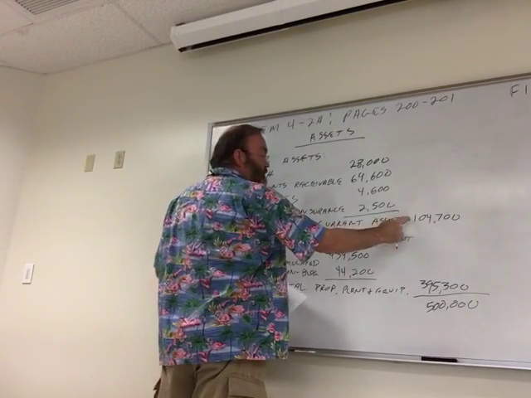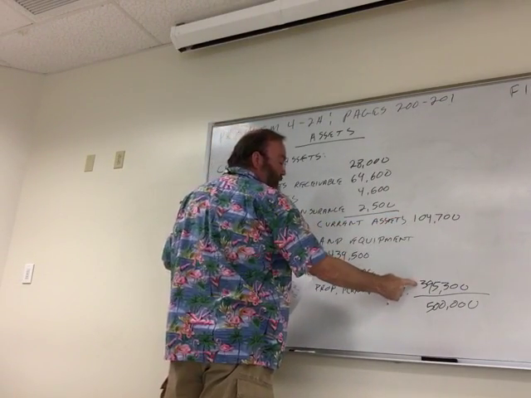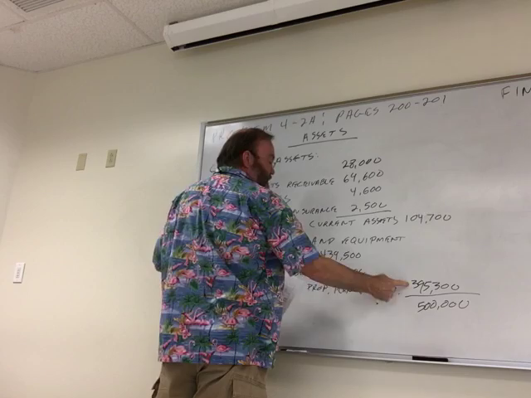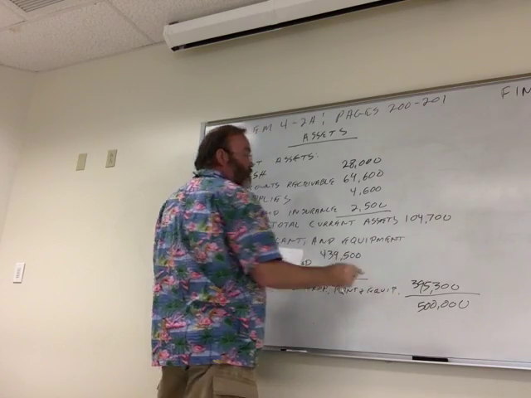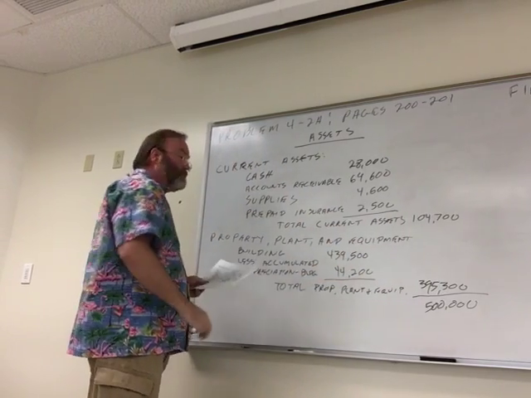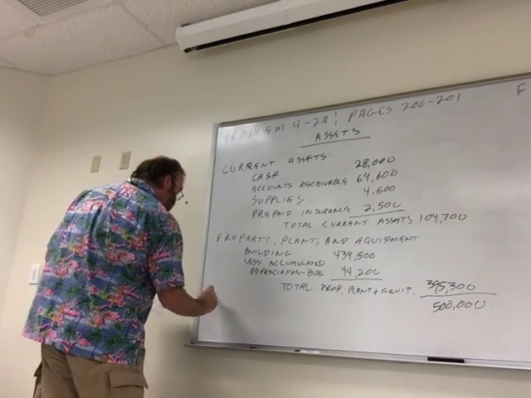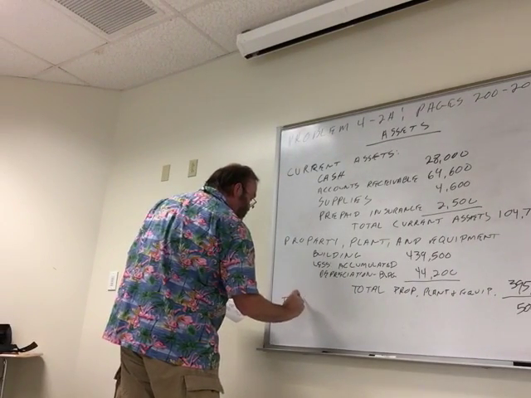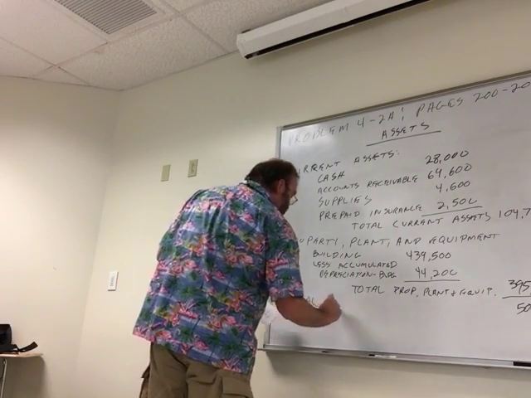So the current assets of $104,700 plus the $395,300. The total of those two sections in the classified balance sheet is $500,000, which is total assets.